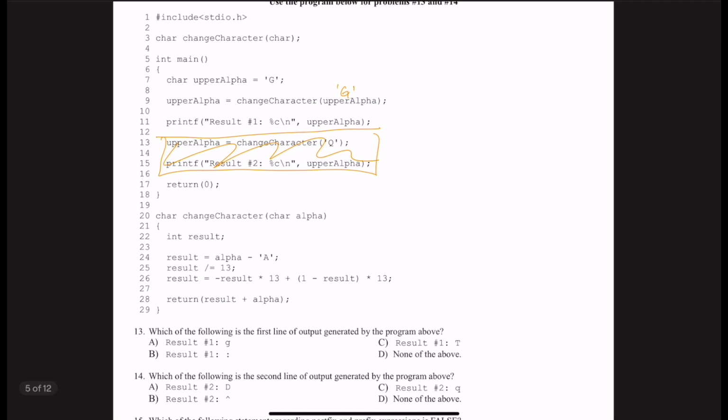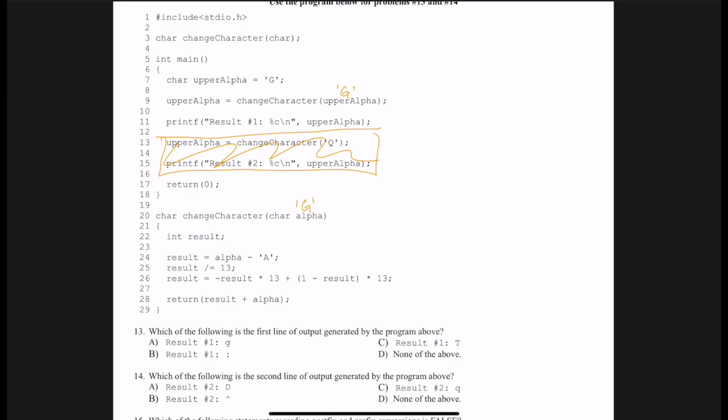So alpha equals g, result equals g minus a. Well, we know that all these, if you look at the ASCII table, you could also find this, but we know that all the letters are in order. So g minus a is just going to be the number of letters between a and g.